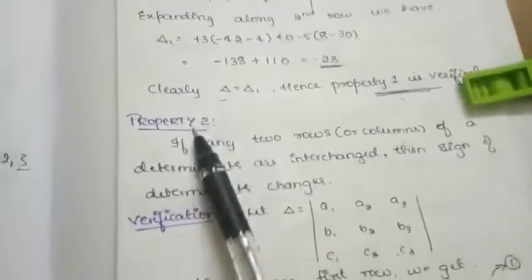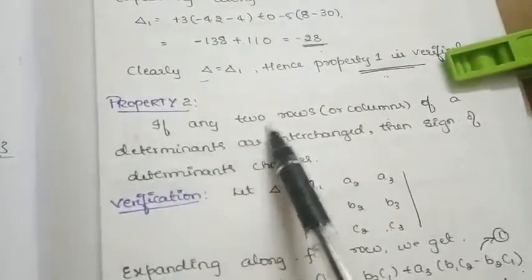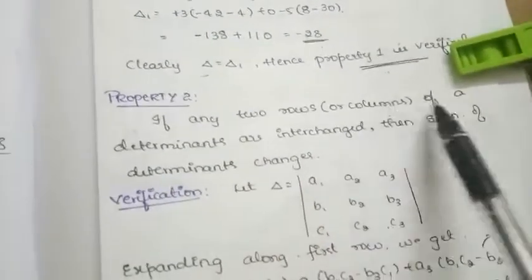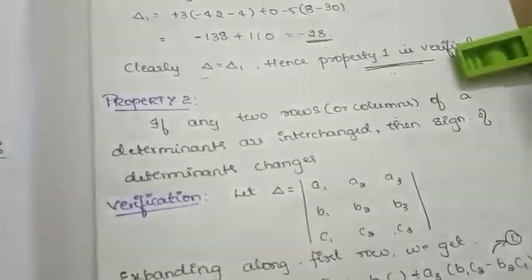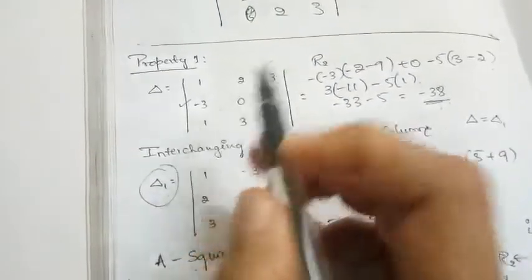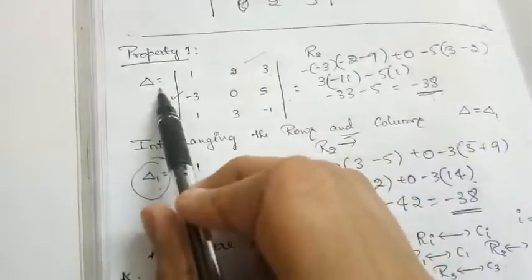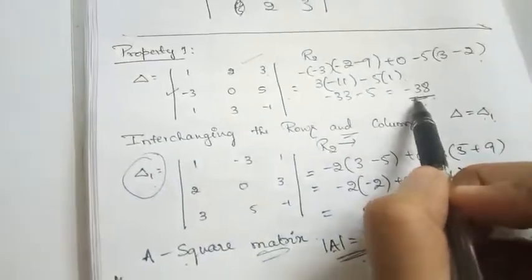So what is that second property saying here? If any 2 rows or 2 columns of a determinant are interchanged, then the sign of the determinant changes. So let us consider this determinant itself, and you know the value of this determinant is minus 38.